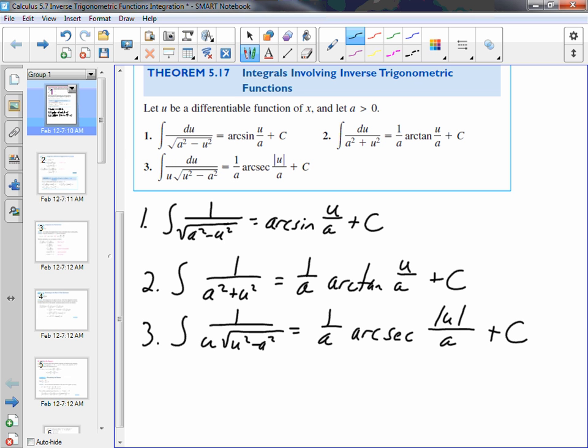Ever? Yeah. For us, that's about as complicated as it's going to get. So, there's our 3 new integral formulas.